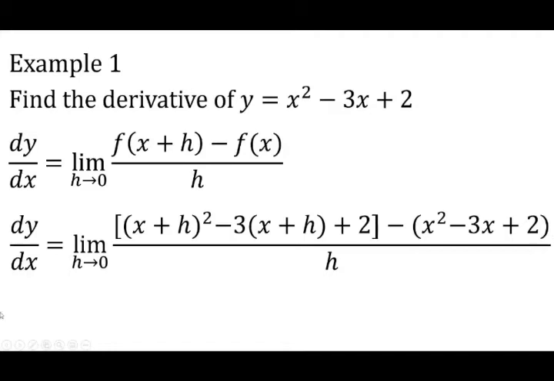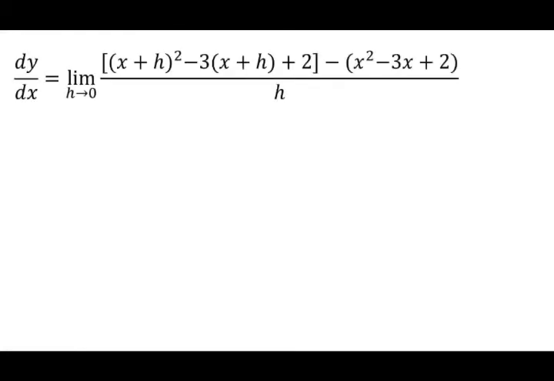Okay? Next, pag nagawa na yan, okay? So, di ba, itong x plus h square, we can actually express this as squaring of a binomial, di ba? This will become x squared plus 2hx plus h squared. Ito naman, negative 3, i-distribute natin sa x plus h.